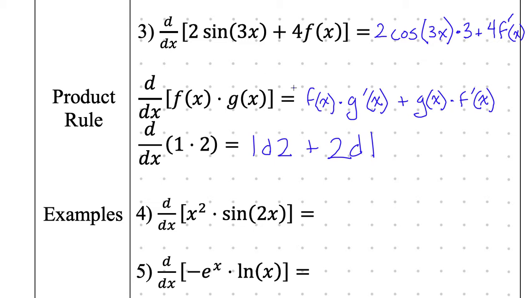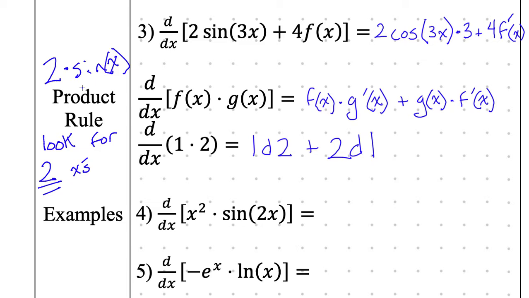The main thing to look for, and I'm going to write this down, look for 2 x's being multiplied. Look for 2 x's. For example, if I did 2 times sine of x, you're not using product rule. I mean, if you use product rule, you're going to get the exact same thing as if you just took the derivative with a coefficient.